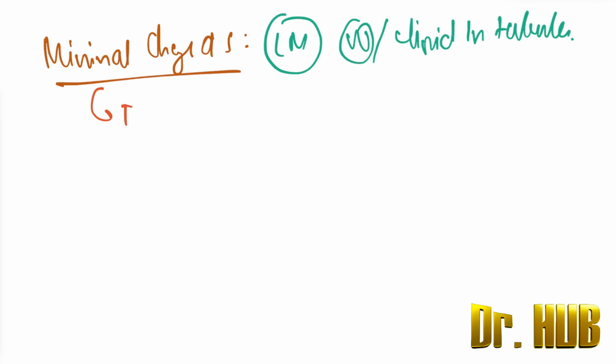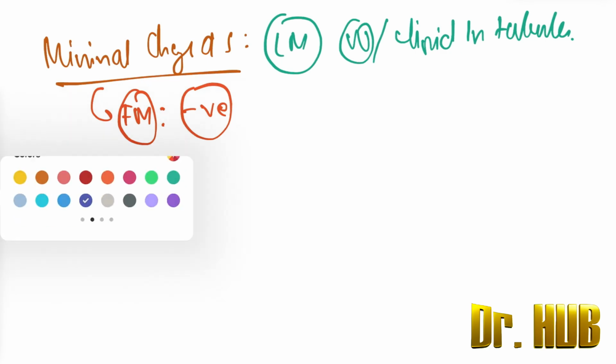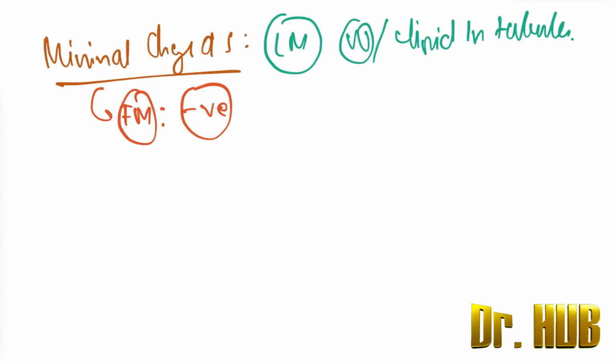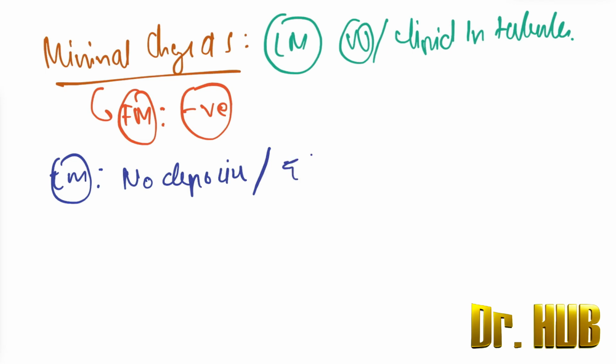Let's look at the fluorescent microscopy. The fluorescent microscopy is negative. Next, we look at the electron microscopy. It shows that there are no deposits and effacement of the podocytes is seen.